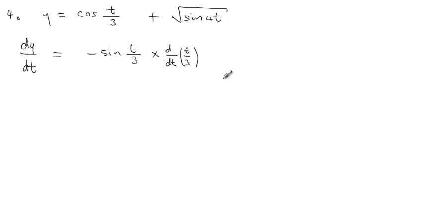Multiplied by the square root of sine 4t, inside brackets, to the power 1 over 2, multiplied by cos 4t, multiplied by 4.